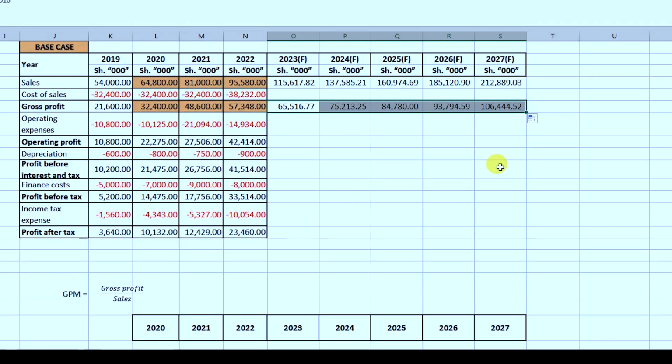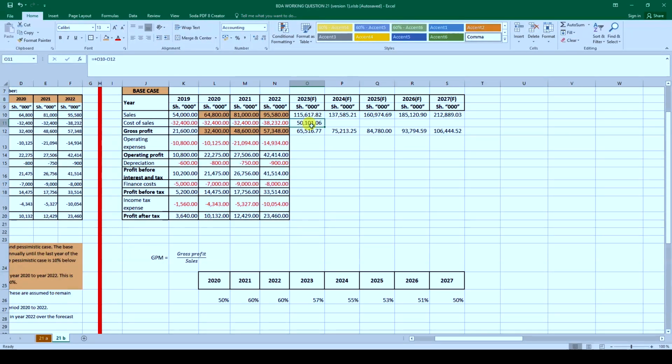Then how do we get the cost of sales? The cost of sales is just this value minus that value there. So plus that value minus that value, we get 50. And remember, this value over here should be negative just for consistency. So we put a negative over there, and it changes the value.